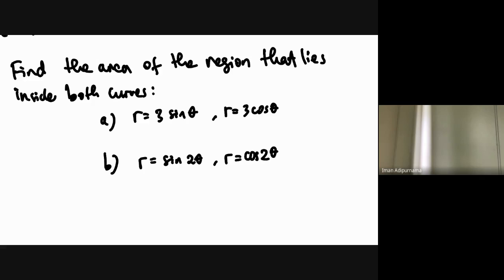Does that make sense? So this is from this intersection, from theta here, until theta equals pi over 2, right? So this is the cos, so this is 3 cos theta.